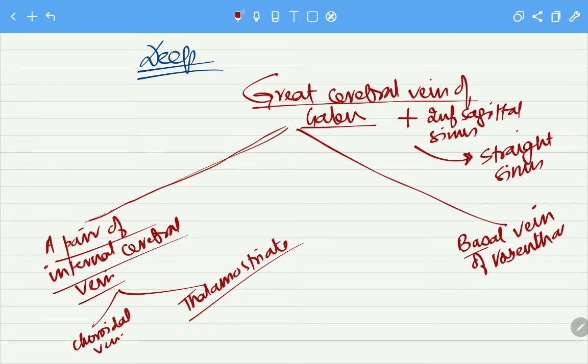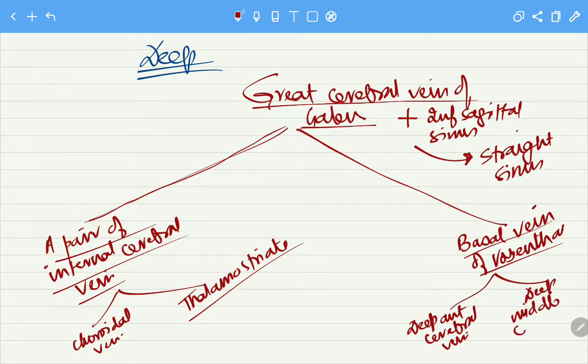And the basal vein of Rosenthal is formed by joining the deep anterior cerebral vein and deep middle cerebral vein. So the great cerebral vein is responsible for drainage of the deeper structures of the brain.